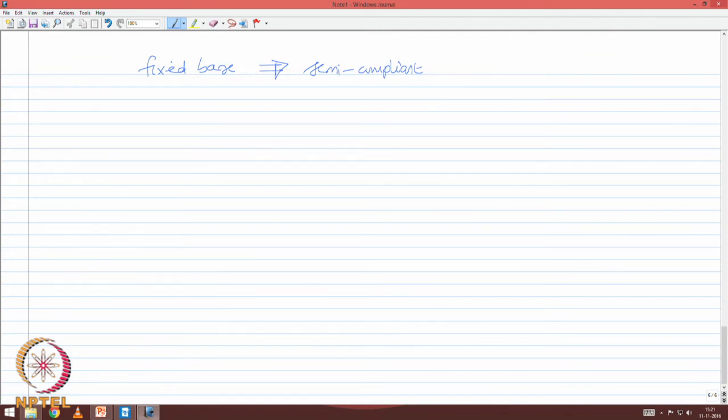These platforms had very limited recentering capacity. They also had, by design, a single point failure. Then people moved on to compliant platforms.